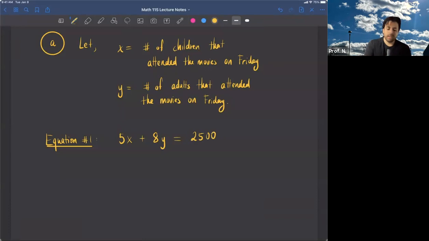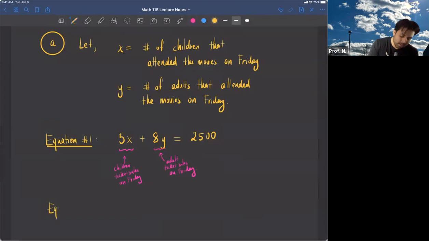Is that clear? So this is the children ticket sales on Friday, and this is the adult ticket sales on Friday.